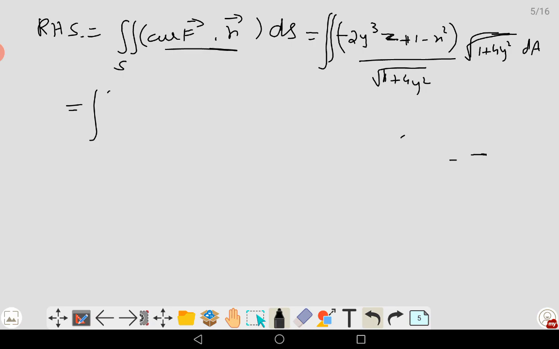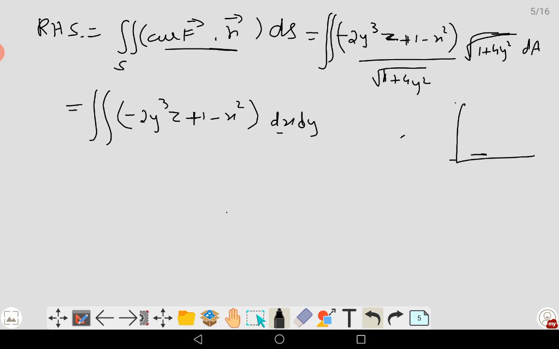So it will be double integral negative 2y cube z plus 1 minus x square into dA. You can write dx dy. So the limit we have considered, this is the triangle we got. This is y is equal to 2x and this line is y is equal to 3.